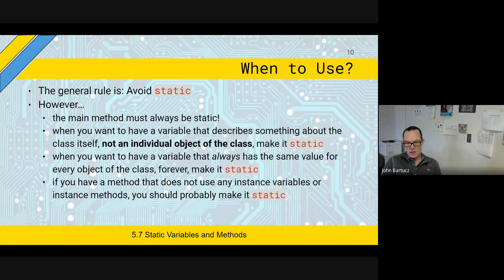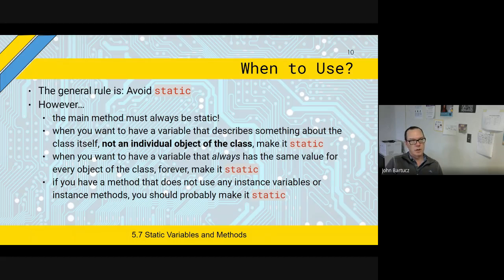But it's kind of hard to think of a lot of cases where you need a variable to be consistent across all objects. The other case is when you don't really have a use for an object, like the math class, right? There is no reason to have a math object.